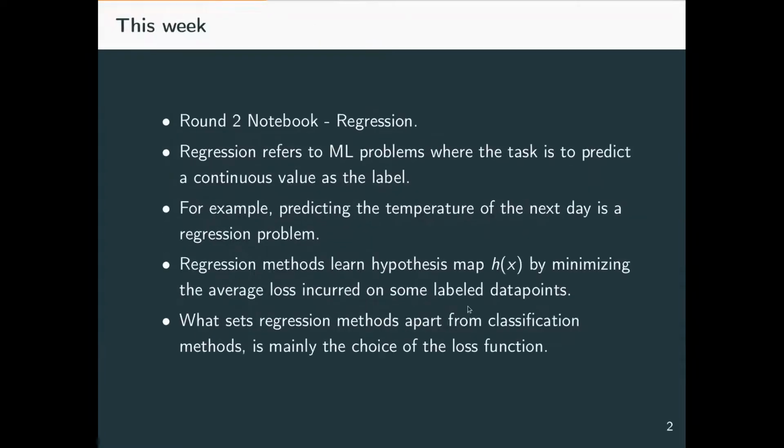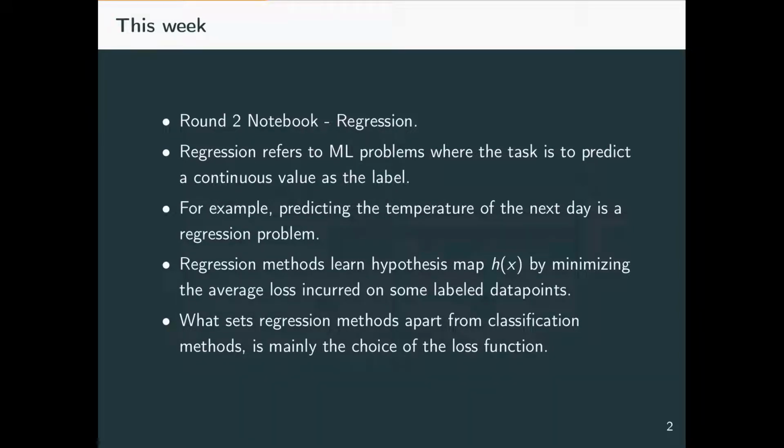So this week we are going to focus on regression. What is regression? It's the set of ML problems that try to predict a continuous value as a label. For example, in round two, maybe you have already checked, the goal is to predict the price, if I remember correctly, of some houses.